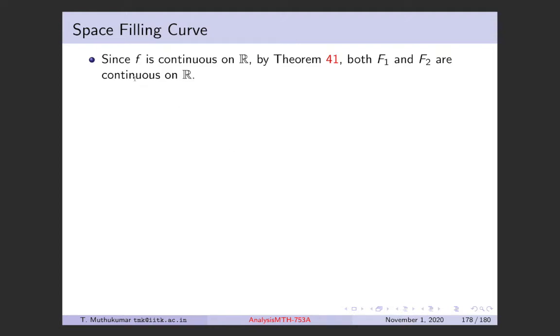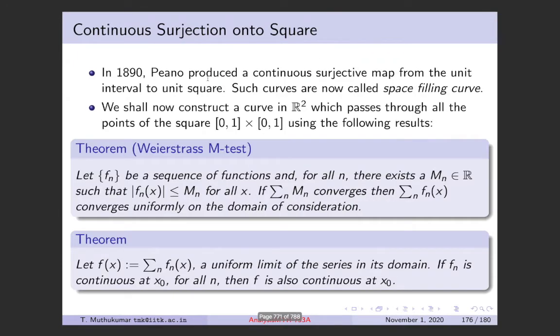Now since f is continuous on R, that's how we did it because it was a piecewise continuous function, right? It's a continuous function the way we have defined. So f is a continuous function on R. So f1 and f2 are also continuous. This is the second theorem that we had talked about right here.